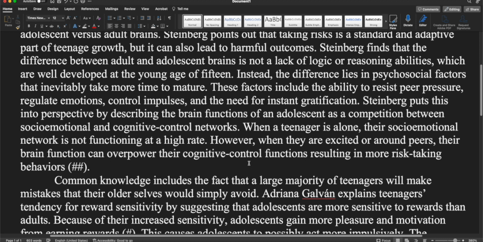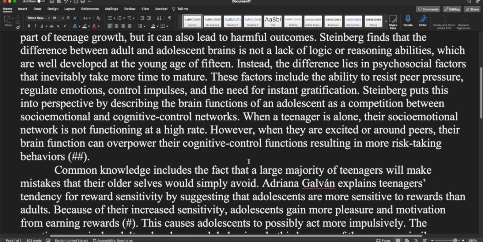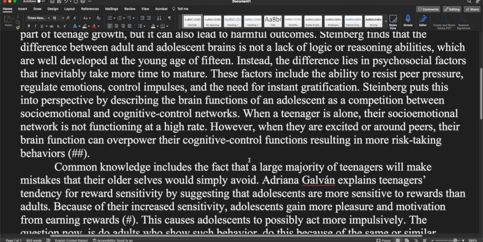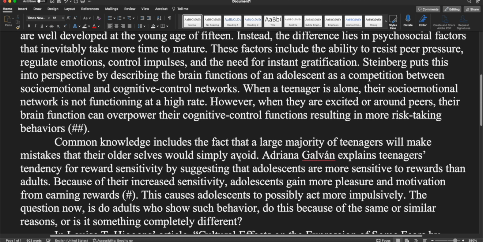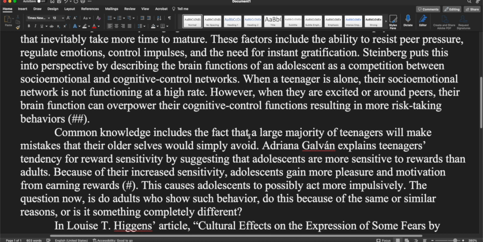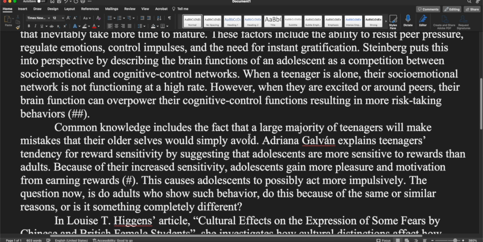These factors include the ability to resist peer pressure, regulate emotions, control impulses, and the need for instant gratification. Steinberg puts this into perspective by describing the brain functions of an adolescent as a competition between socio-emotional and cognitive control networks. When a teenager is alone, their socio-emotional network is not functioning at a high rate.